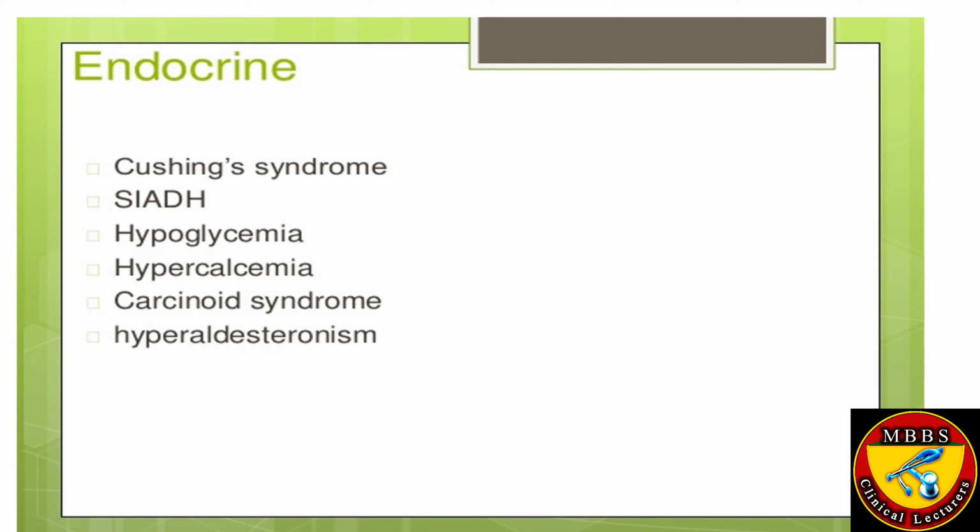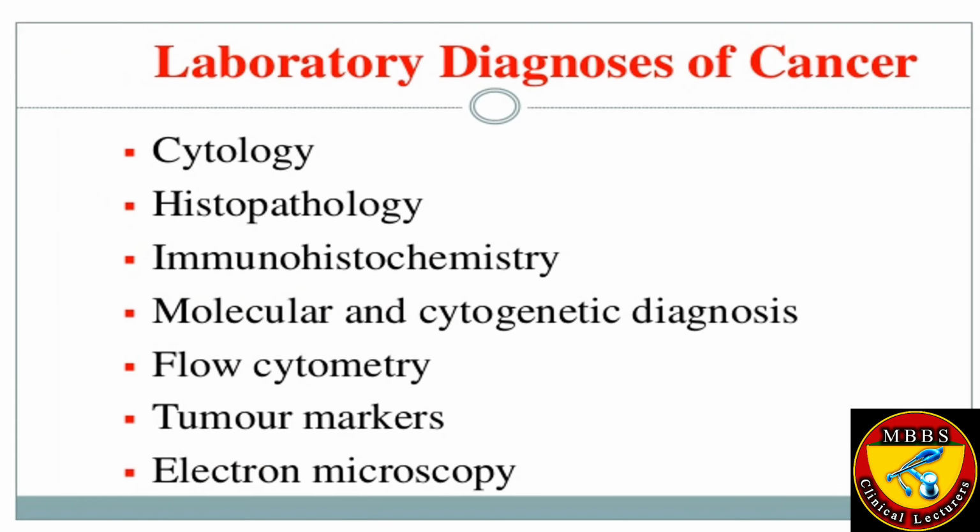The same examples are shown in the table with their major clinical tumors and their etiology. These are a few examples like Cushing syndrome and SIADH, hypoglycemia, hypercalcemia, carcinoid syndrome, or hyperaldosteronism.